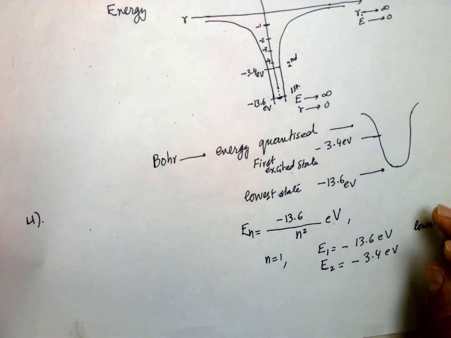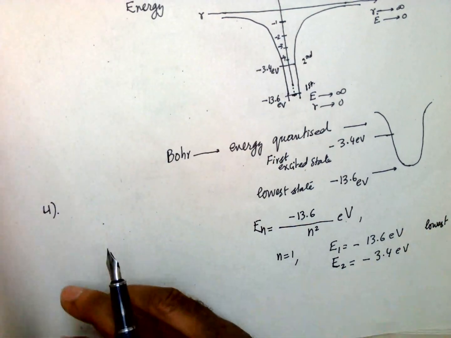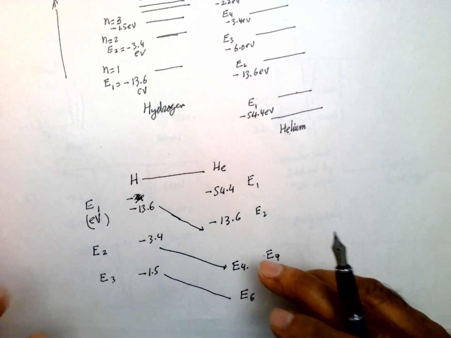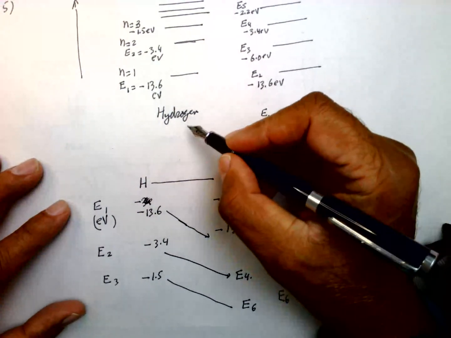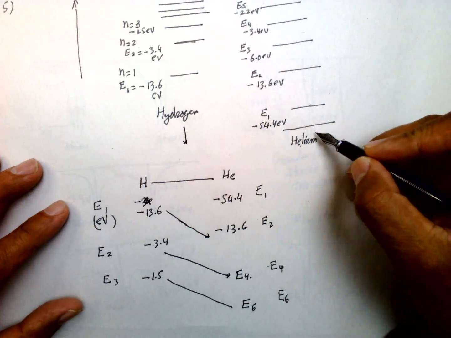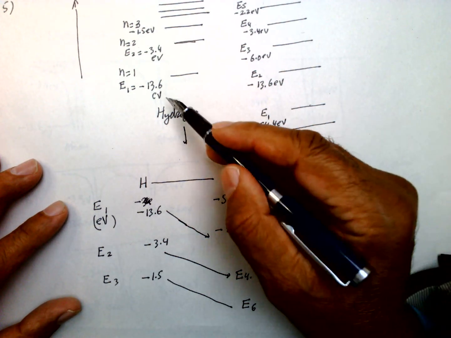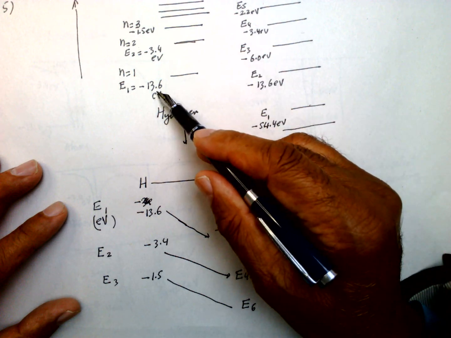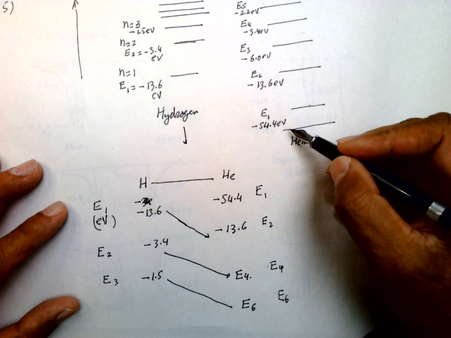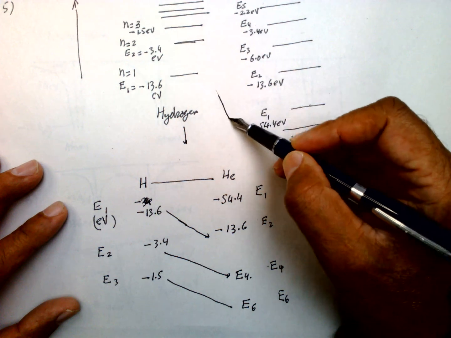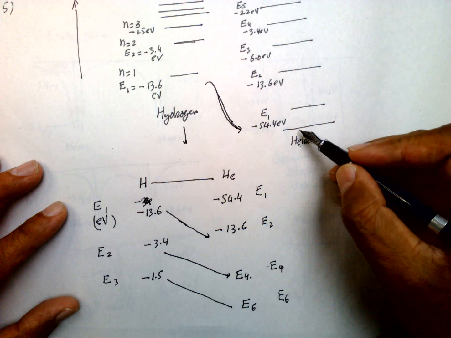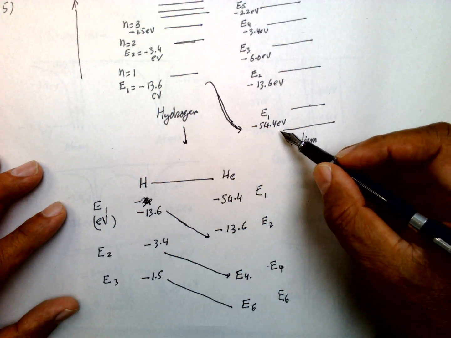So this is an isolated one-electron atom. This is the hydrogen atom, and this is the helium atom. The lowest energy level of hydrogen is minus 13.6, but helium has a lower ground state at minus 54.